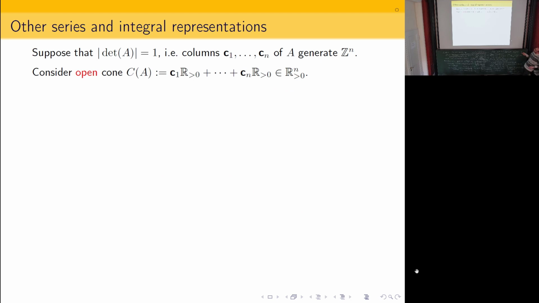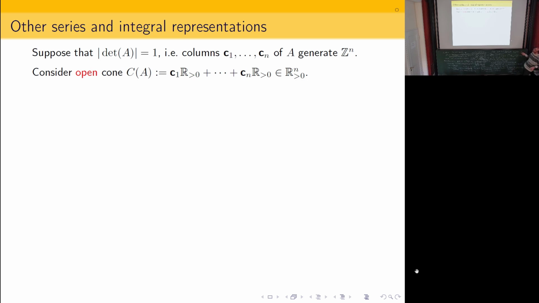Okay, so let me tell you something more about this series. You can actually restrict to the case where the determinant of the matrix is 1, so the columns generate Z^n. I'm not going to talk much about this assumption, but probably later on I will just assume it without saying it explicitly.